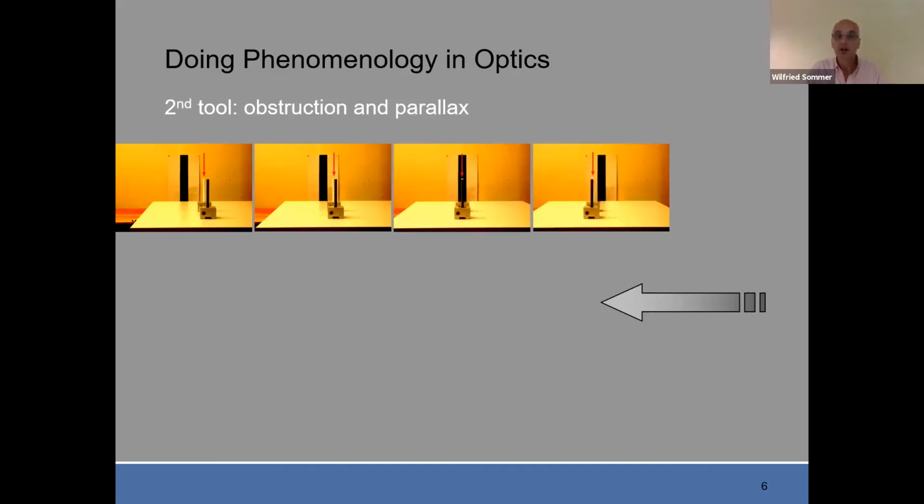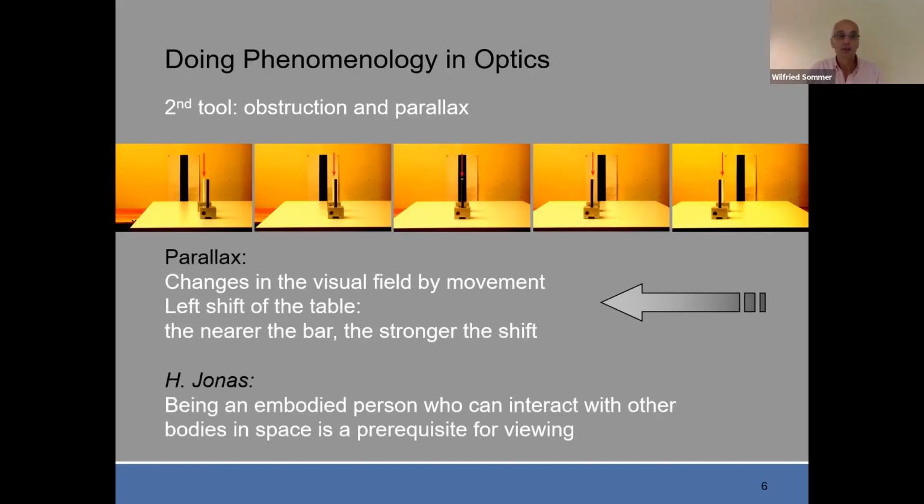I'm going to continue the left shift, and the bigger the left shift, the better you can really distinguish the black and the white bar. The obstruction vanishes. So the observation actually is that the nearer the bar, the stronger the shift.